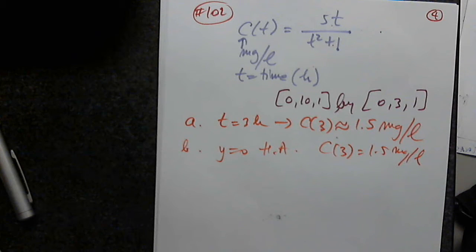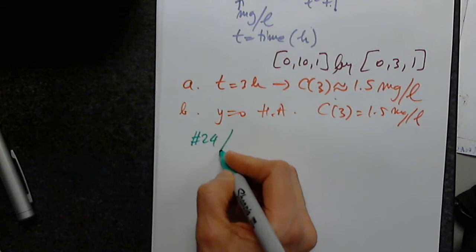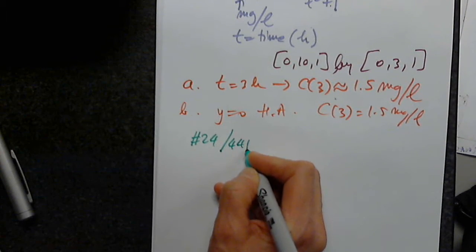Okay, I would like to review polynomial and rational inequalities. Ready? Let's say number 24 on page 441.